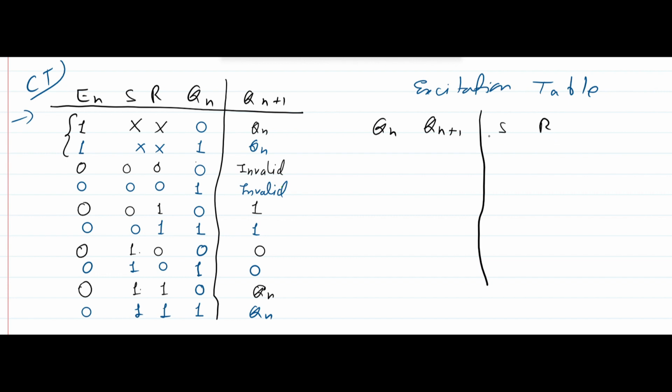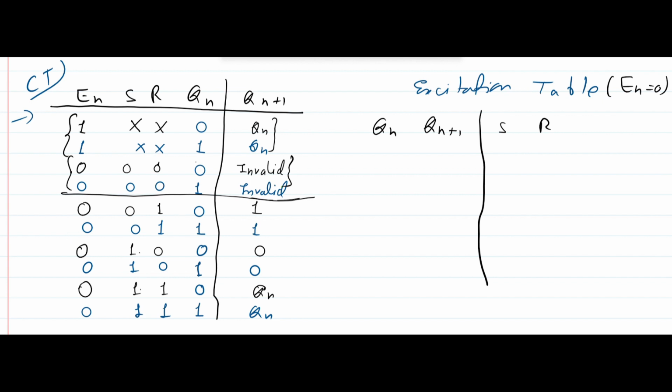So this is the truth table, and for En equal to 1, whatever the value of my S and R, the Q next output is not going to change, so I will not consider En as input. I will draw the table only for En equals to 0. So this case will not be used. The invalid case is also not used because it is not a valid case.